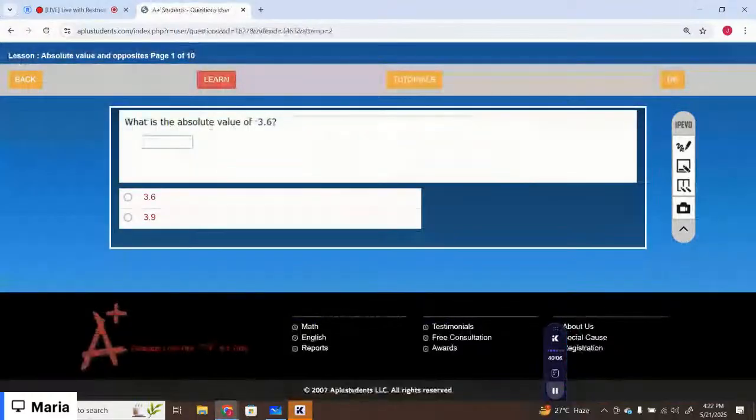Absolute value of negative 3.6. Absolute values are all the values that are positive. So the absolute value of negative 3.6 is 3.6. Option 1 is the correct option.